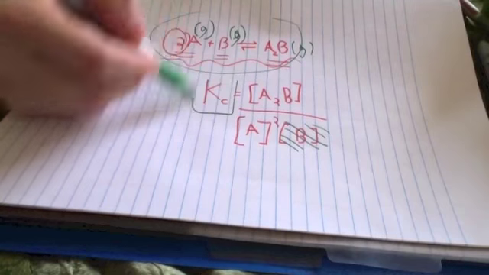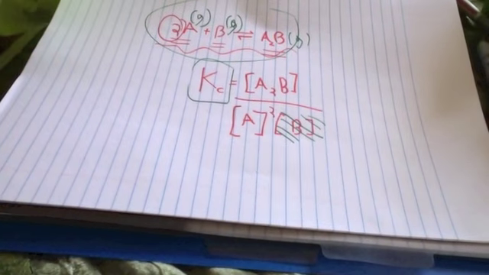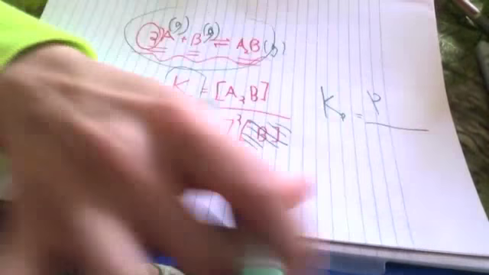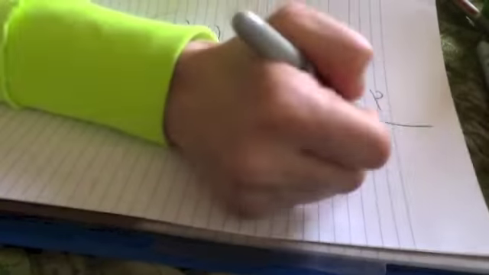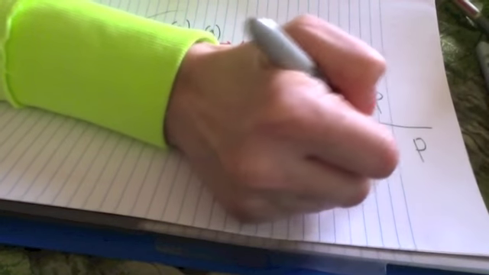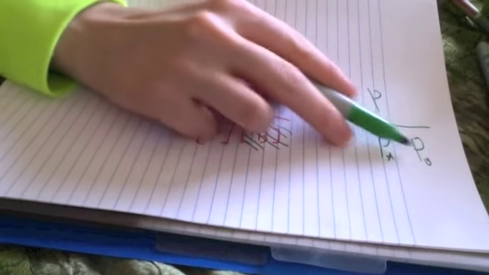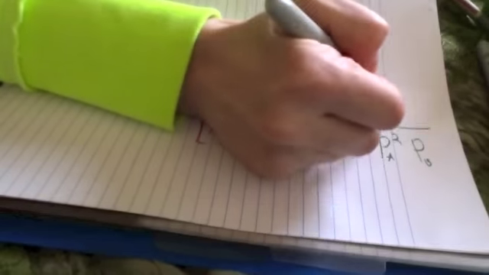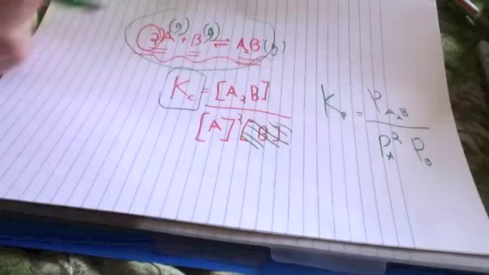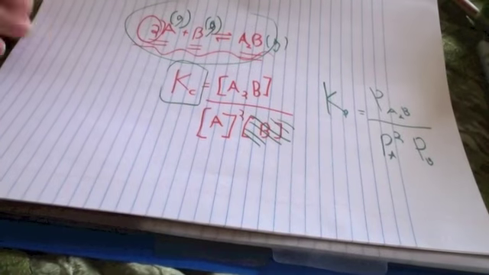And then we also talked about how, if let's say that this were gas and gas, I can measure Kc, which will be a constant, but I can also measure something called Kp, which is basically the exact same thing. It's the product over the reactant raised to their stoichiometric coefficients, but I can just measure the partial pressure instead. So I'm going to say partial pressure of A squared, partial pressure of B on the bottom, and partial pressure of product on top. So Kc and Kp are really the same thing.